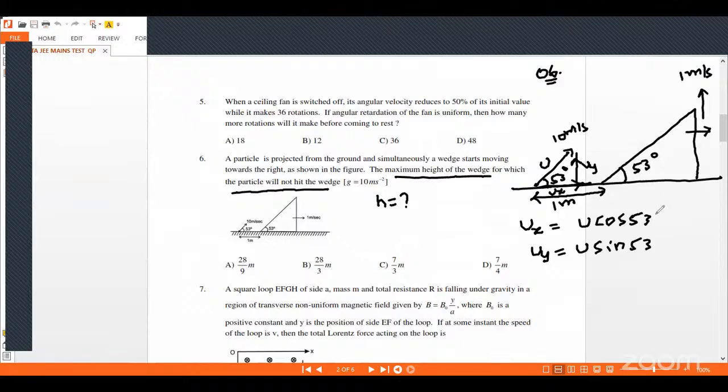So 10 into cos 53, I can write as 3 by 5. That is 6 meter per second. And here it is 10 into 4 by 5, that is 8 meter per second.